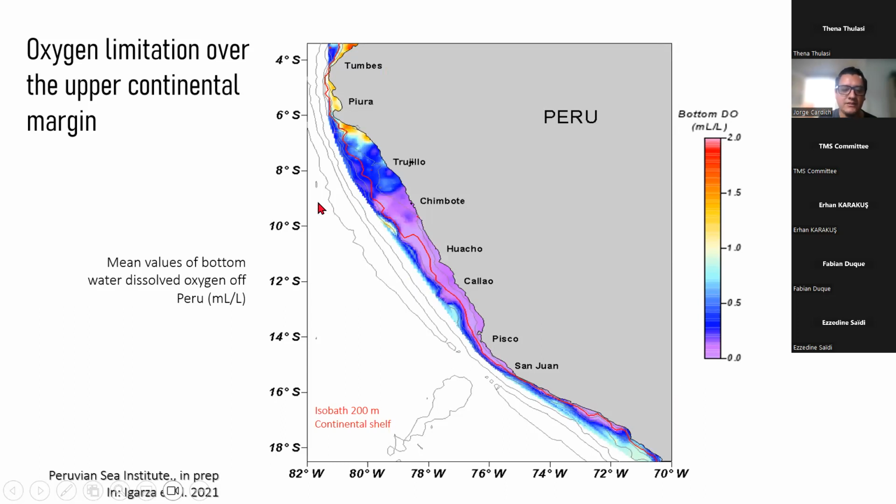And you can see that from 9 degrees south of Peru, these sediments are covered by very microxic and anoxic waters. So this zone in central Peru is very good for studies of oxygen deficiency, and also for paleo studies, because we can have a very good preservation of sediments with a very nice lamination as well.